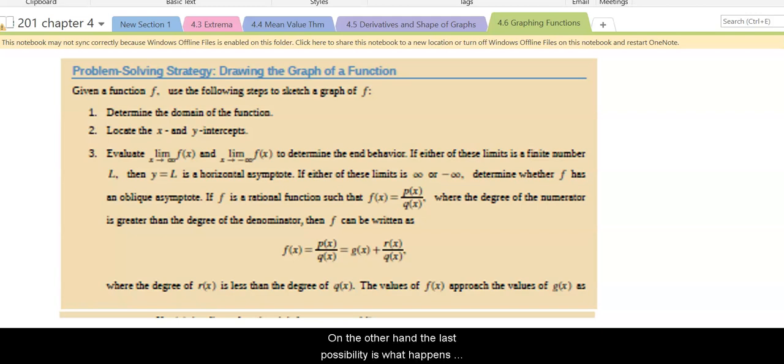On the other hand, the last possibility is what happens when the degree of the numerator is larger than the degree of the denominator. I call these kinds of functions top-heavy because in the sense they're like a fraction that is improper, where the numerator is larger than the denominator.